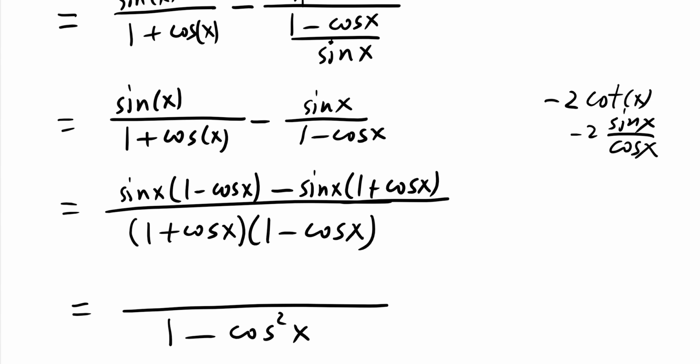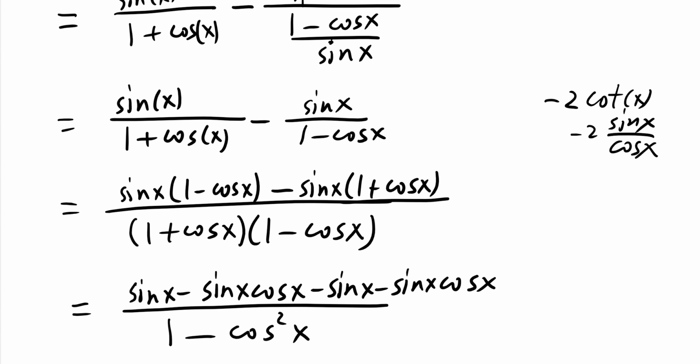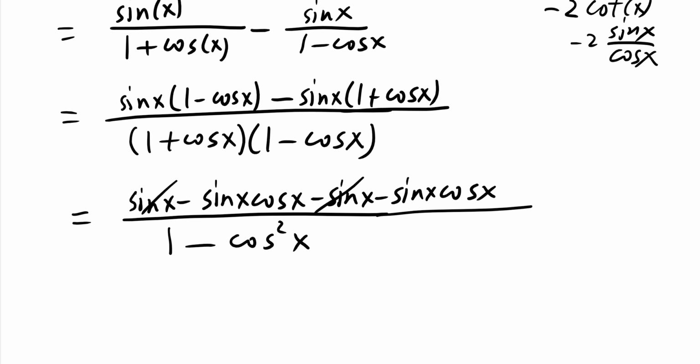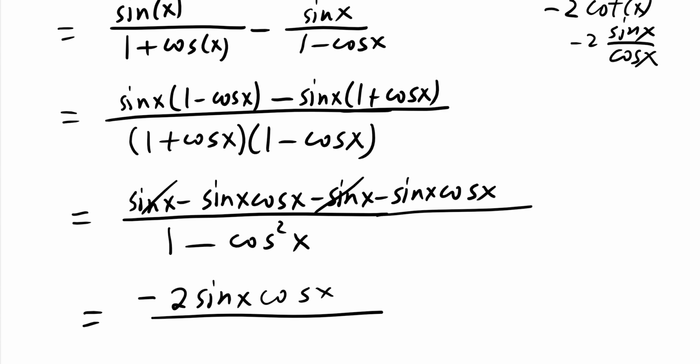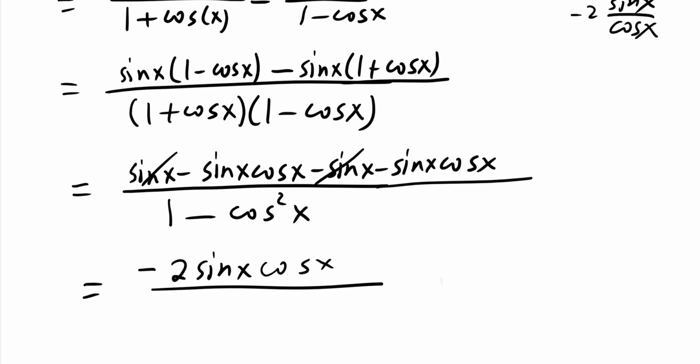The numerator, we get sine x minus sine x cosine x minus sine x minus sine x cosine x. These cancel out. What is left in the numerator? Minus 2 copies of sine x cosine x. And in the denominator, I simply have 1 minus cosine square.